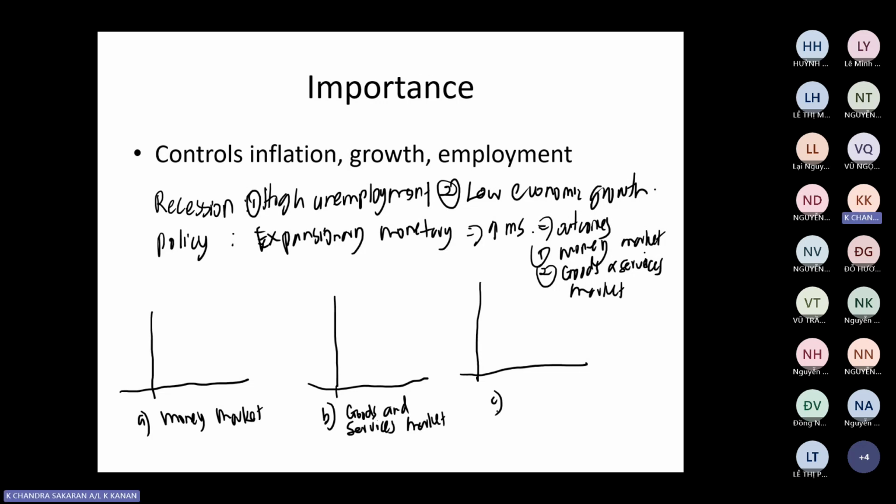And then C is the Phillips curve. Okay, goods and services market, the variables are interest rate in percent, quantity of money. You must know what is the variable listed here. Goods and services, you have price and real GDP.